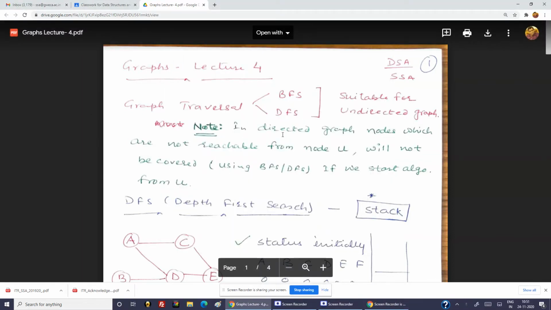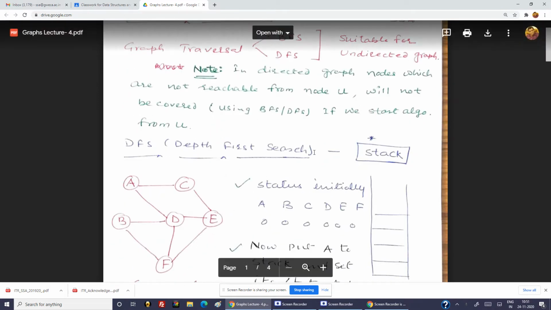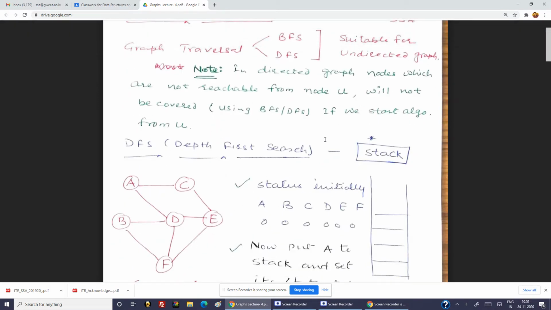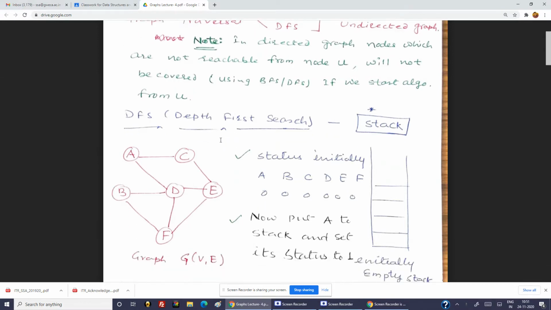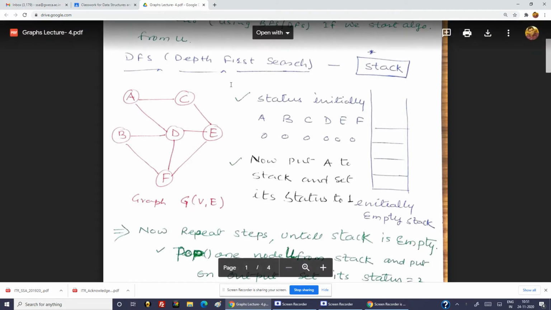Hello students, in this class we will discuss depth first search graph traversal algorithm. In our previous class we discussed breadth first search BFS graph traversal algorithm. So here in implementation of this DFS or BFS algorithm, the major difference is the auxiliary data structure which we use.